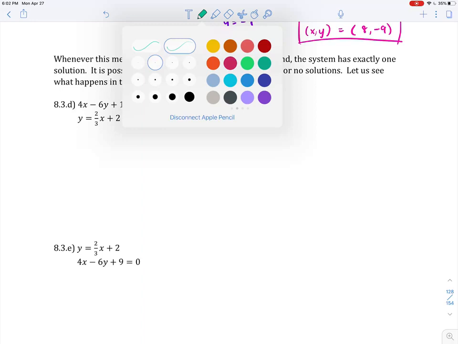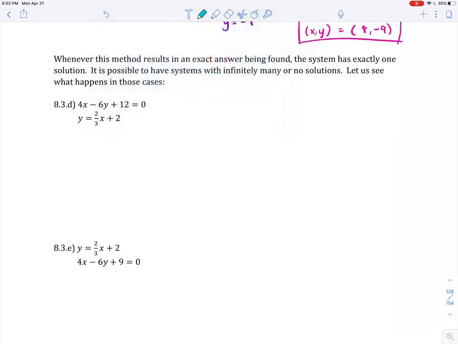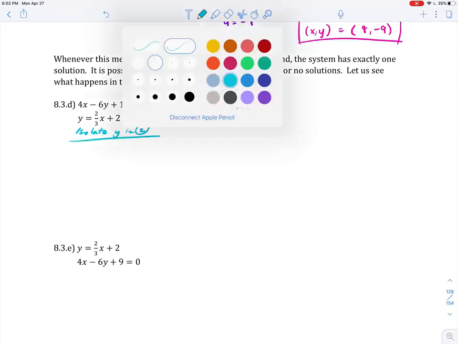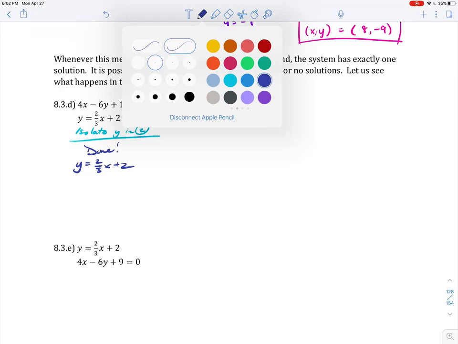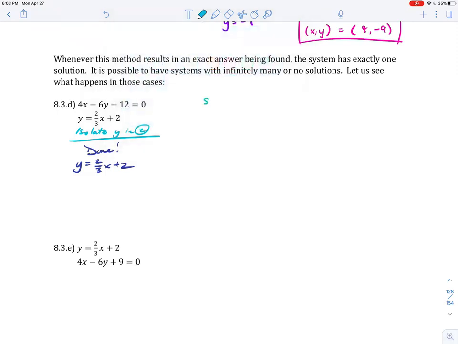I'm going to pick a variable to isolate. I'm just going to go with isolating y in equation 2, and I'm picking that because it's already done. Y is 2/3 x plus 2.